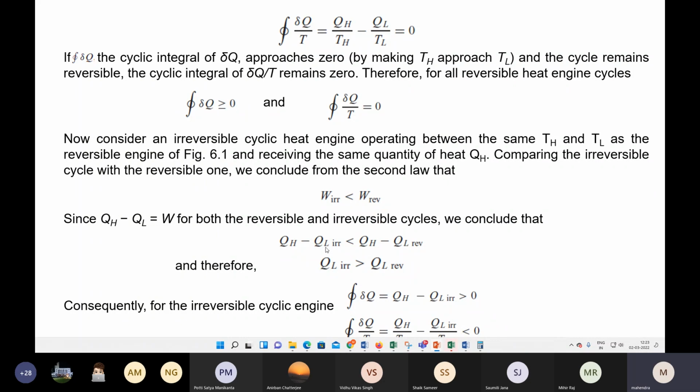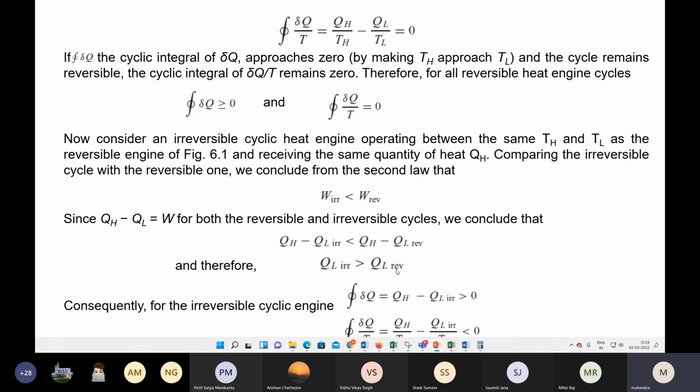Okay. Now the difference is coming only in these rejections. If it is a reversible engine, the rejection, that means the wastage of heat, is low. If it is an irreversible engine, the wastage is very high. Yes. That is only what we are telling over here. Wastage in the irreversible engine is greater than wastage in the reversible engine. Okay.